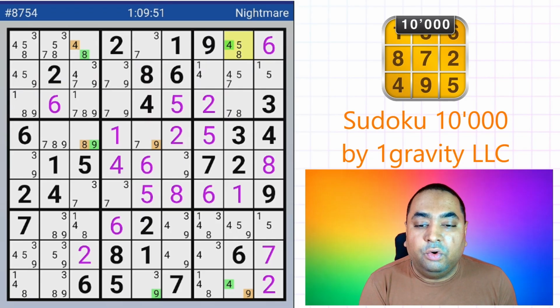So as you can see, for 4 in column 8, there is a contradiction as there are two fours formed, which is not possible. So that is why 4 is not the solution in column 8.